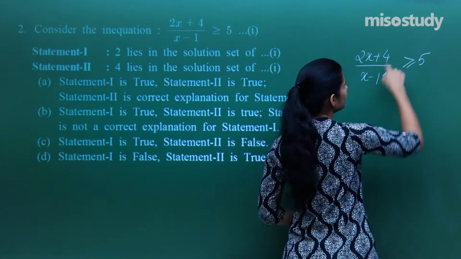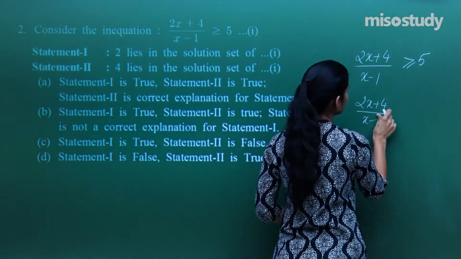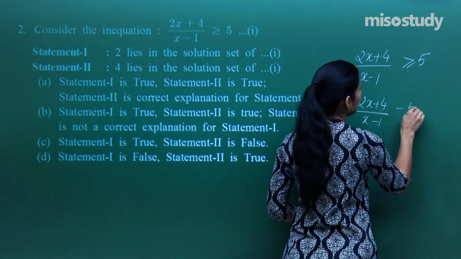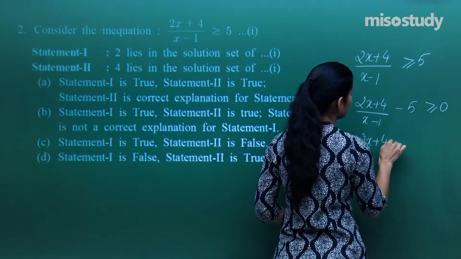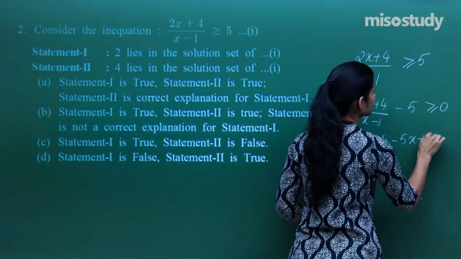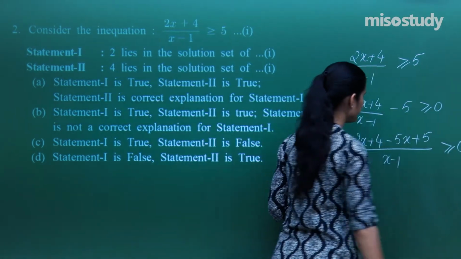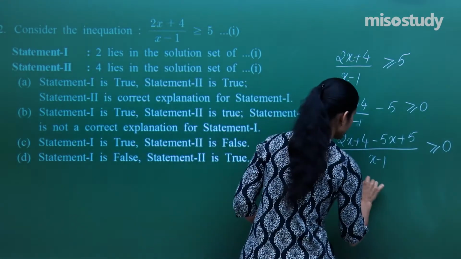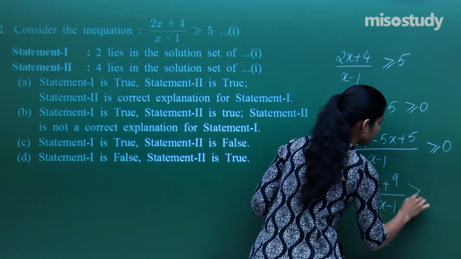Clearly I will be interested in bringing it to the left hand side. This is (2x plus 4)/(x minus 1) minus 5 is greater than or equal to 0. So this becomes (2x plus 4 minus 5x plus 5)/(x minus 1) is greater than or equal to 0. 2x minus 5x is minus 3x, and this is plus 9 upon x minus 1.